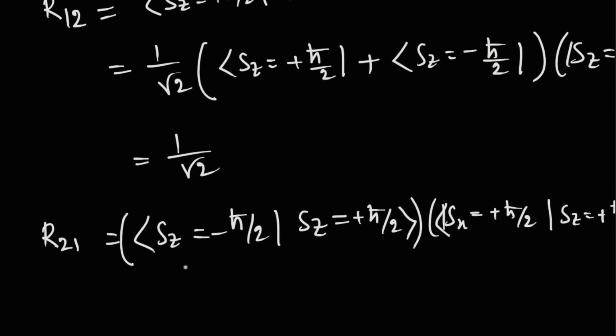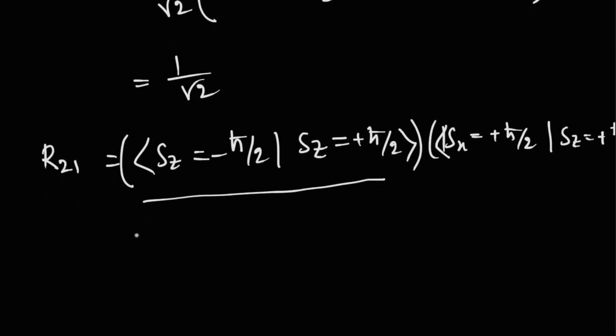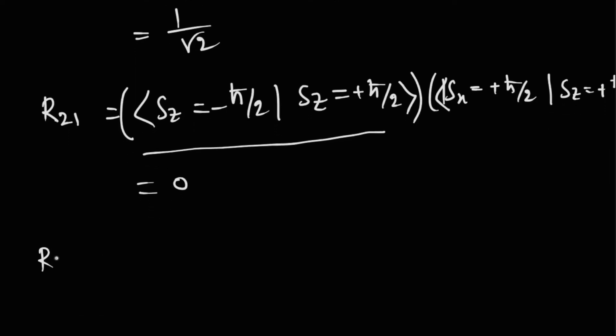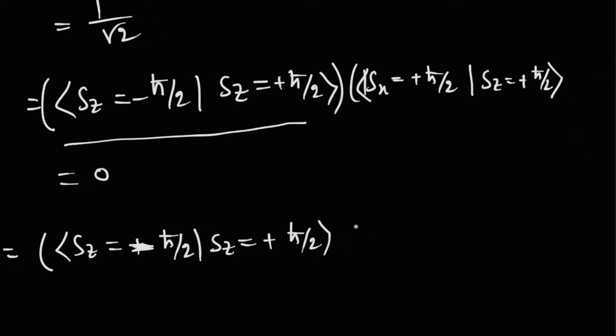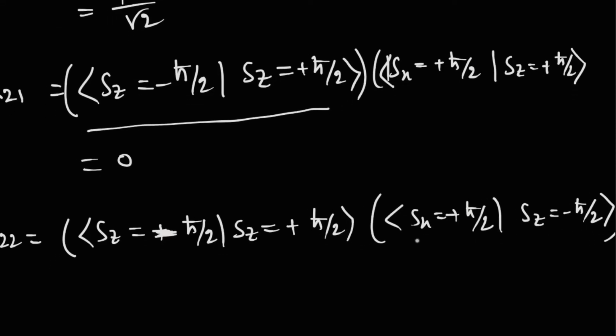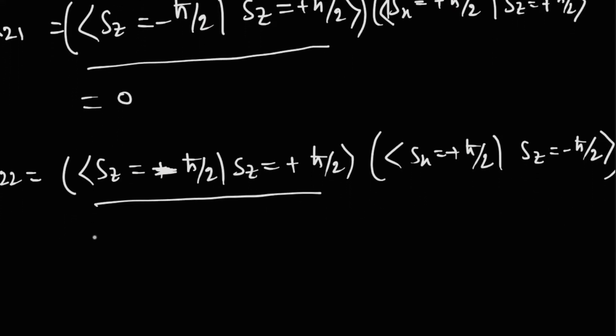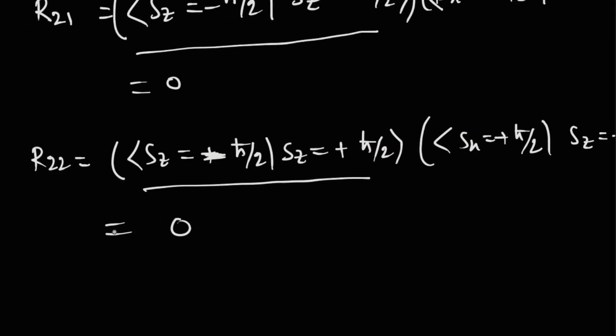Now the first term will give 0, that means the total term will be 0. Now let us calculate R22. It will be Sz equal to minus h cut by 2 with Sz equal to plus h cut by 2, and Sx equal to plus h cut by 2 with Sz equal to minus h cut by 2. The first term again will give 0, that means the total term will be 0.